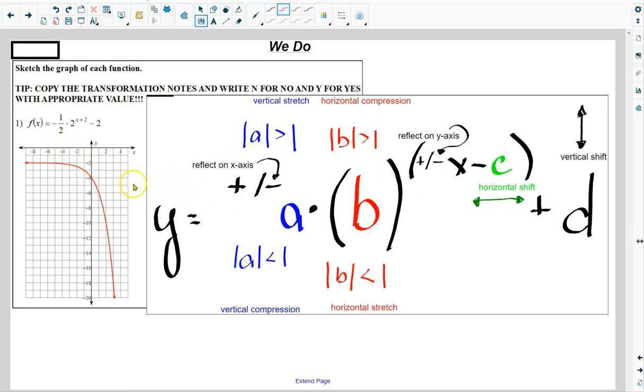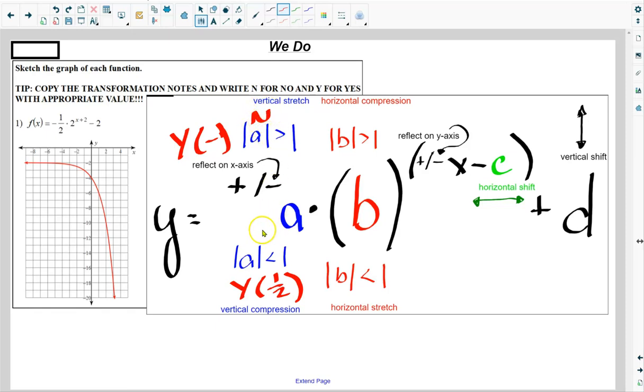So do we have a reflection on the x-axis? It's a yes because of the negative. Next, do we have a vertical compression? It is less. So in this case, it's going to be a yes because of the half. Which means, do we have a vertical stretch? That's going to be a no.